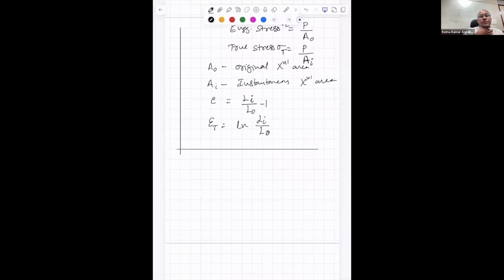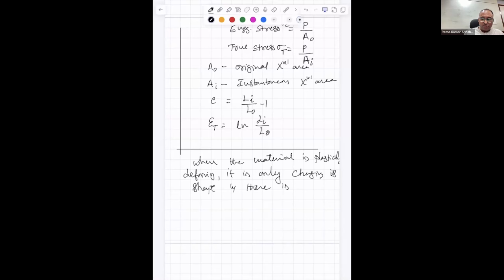Now, what happens is, when the material is plastically deforming, it is only changing its shape, and there is no volume change.